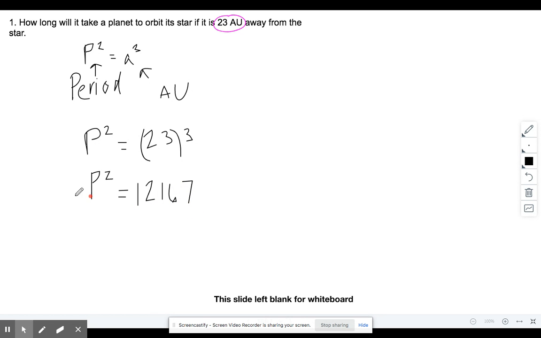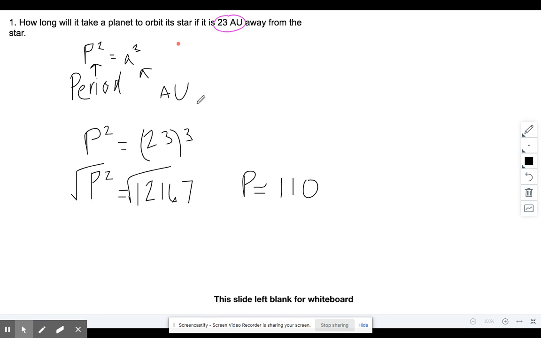Then I want to take the square root of both sides. So I take the square root of that answer, and it gives me 110.3. So p equals 110.